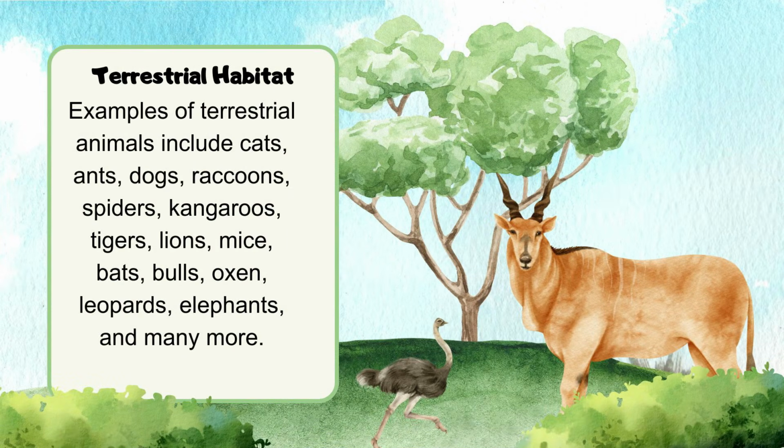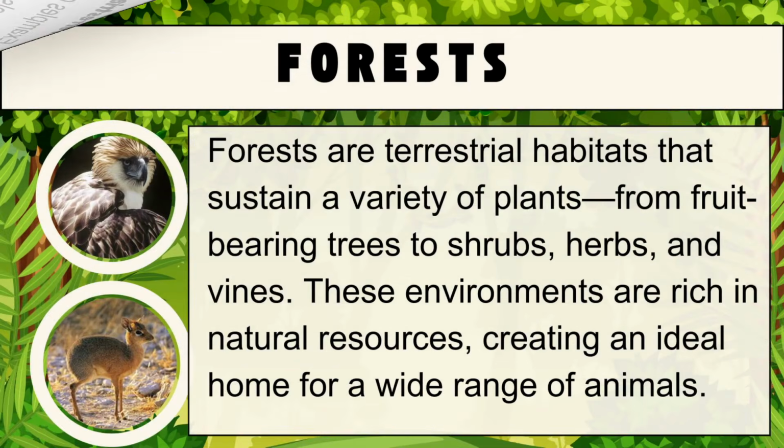Examples of terrestrial animals include cats, ants, dogs, raccoons, spiders, kangaroos, tigers, lions, mice, bats, bulls, oxen, leopards, elephants, and many more. Here are the main types of terrestrial habitats.